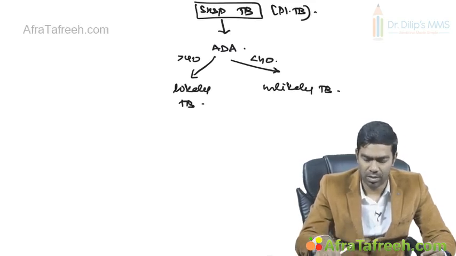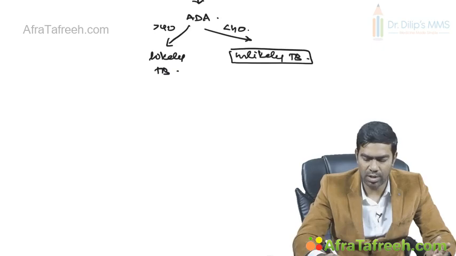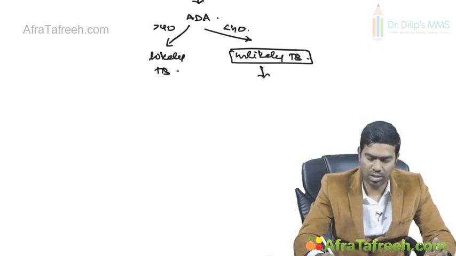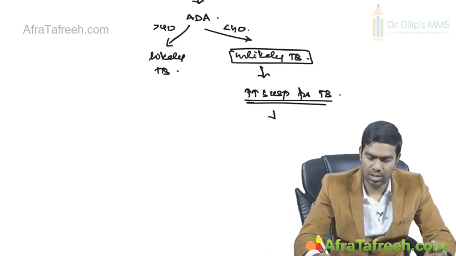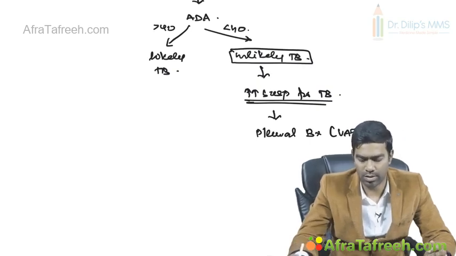Clear? So even if it's unlikely to be tuberculosis, if you have a high suspicion for tuberculosis, in this condition you can take the patient for a pleural biopsy, typically by VATS, video assisted thoracoscopic surgery.